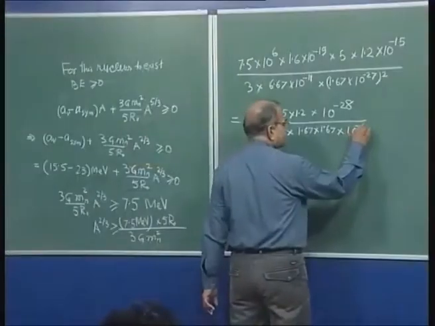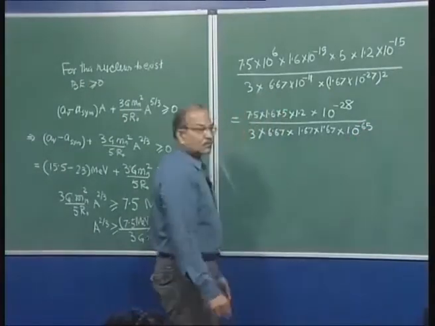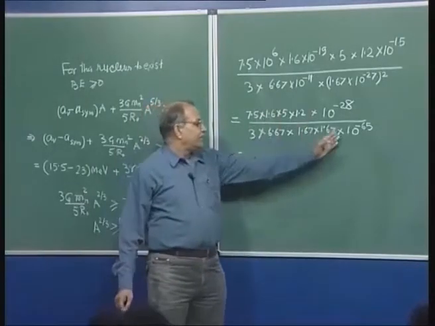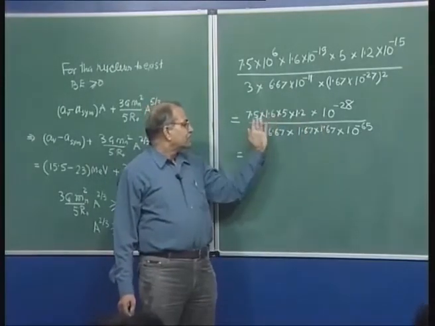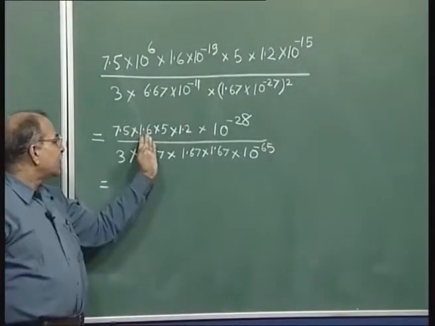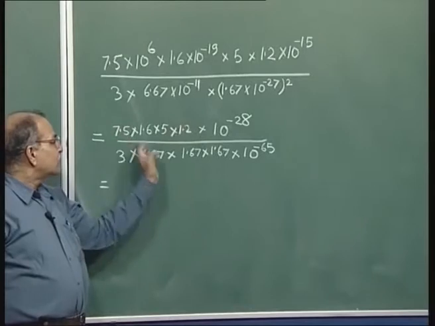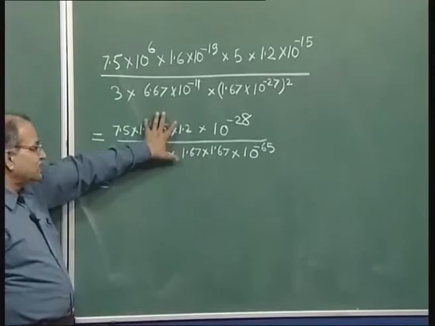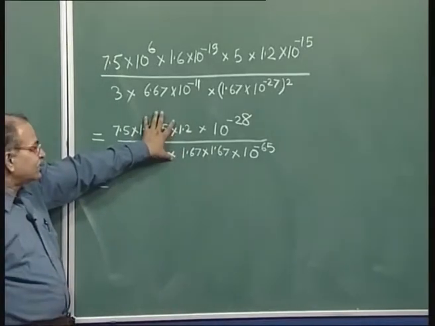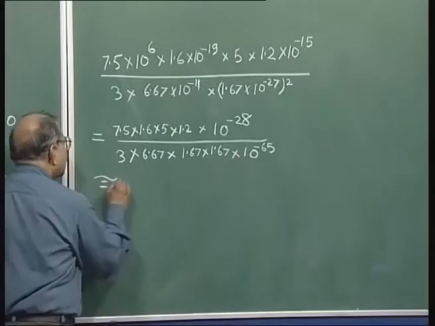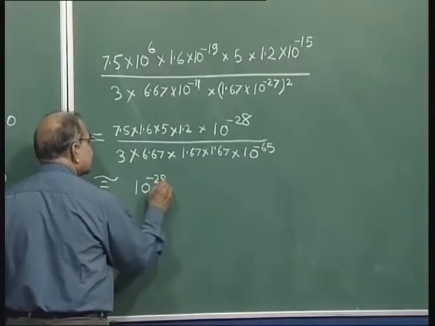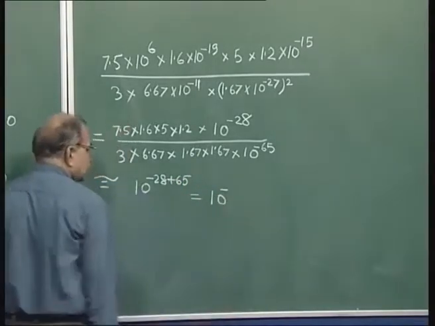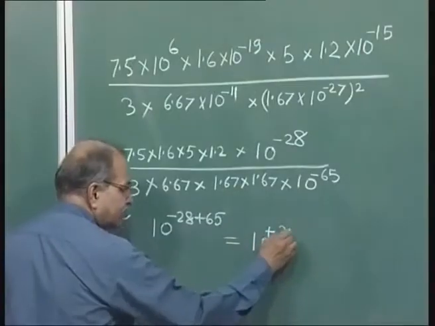So, minus 65, right. So, this will be some number, it is not going to affect much. This side will be around 50 or 60 or so, and this is also like that. So, this will be some number around say 1 to 10. So, this is of the order of 10 to the power minus 28 and plus 65. How much is it? 37.